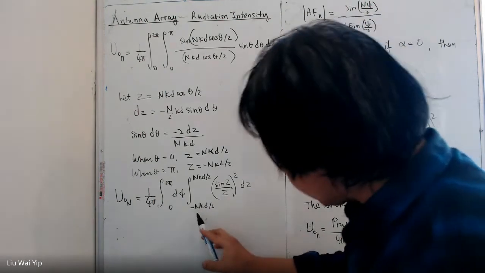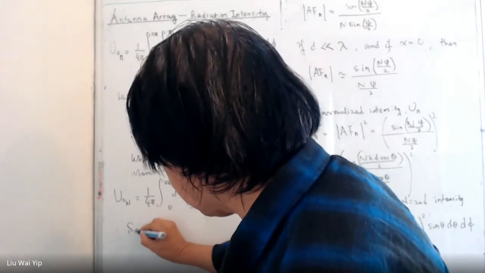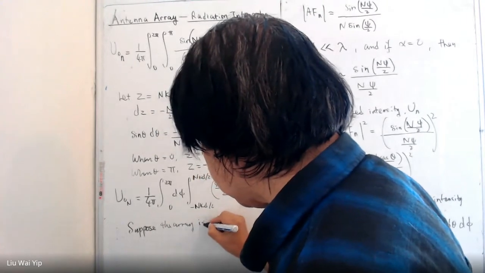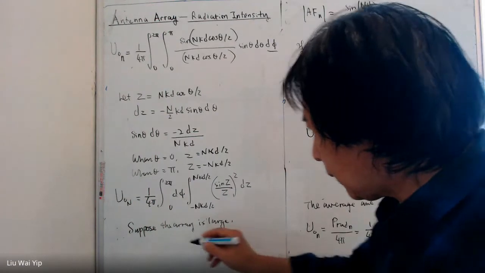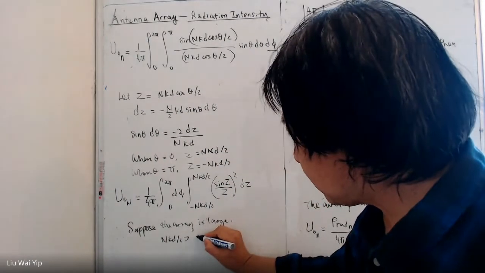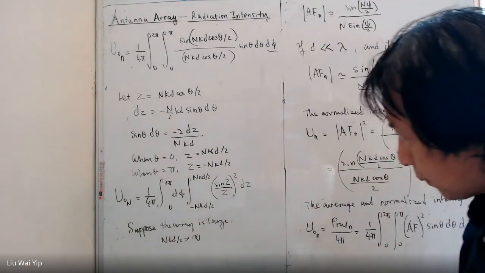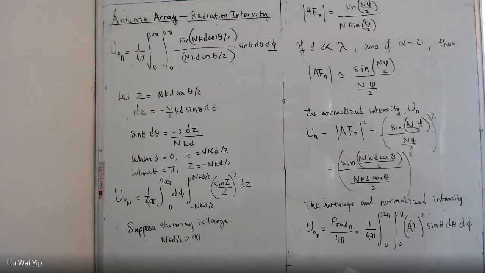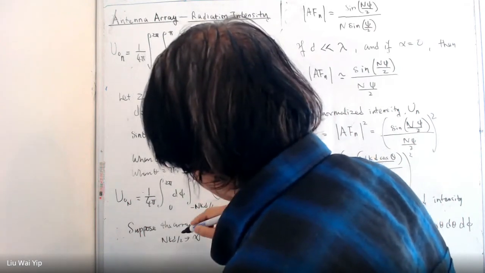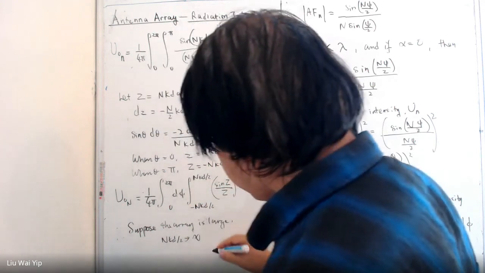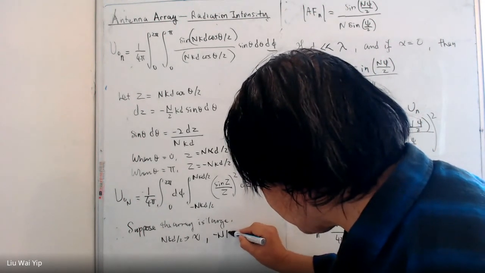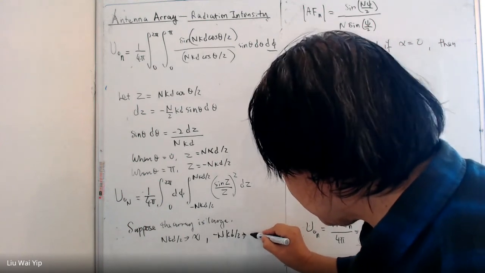And suppose the antenna array is very large. Then n k d divided by 2 is trending to infinity, and the other limit, minus nkd over 2, is trending to minus infinity.